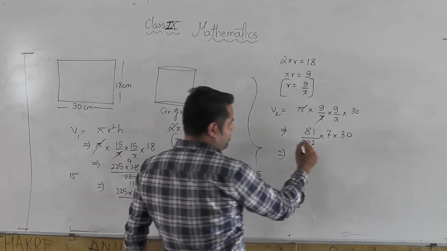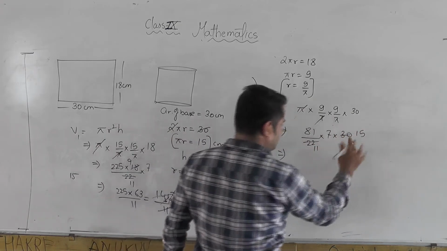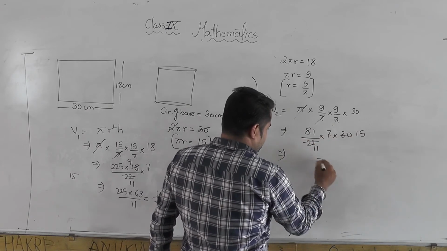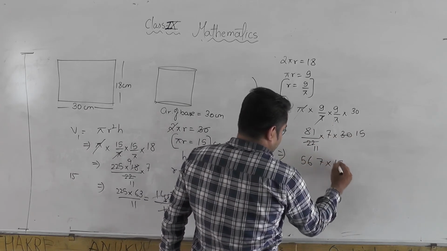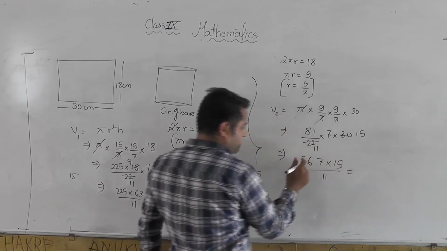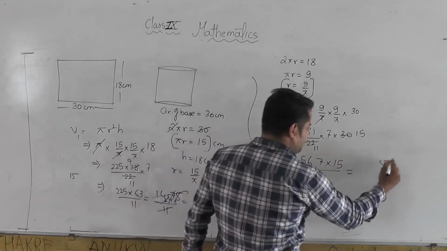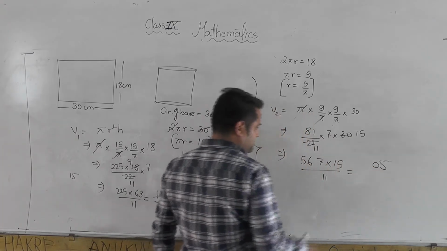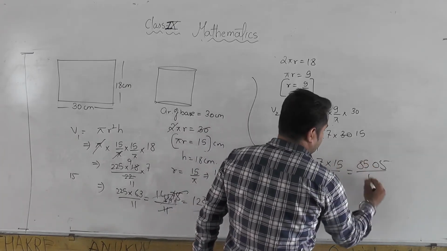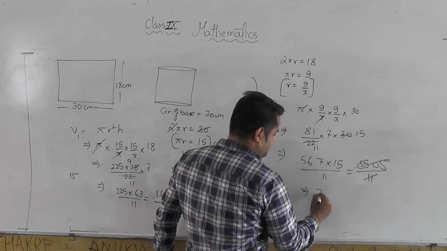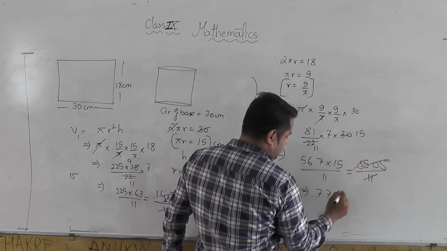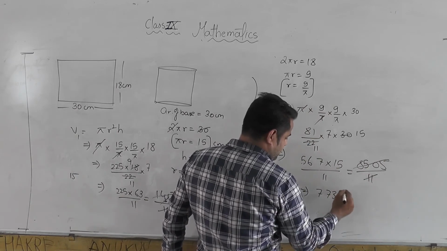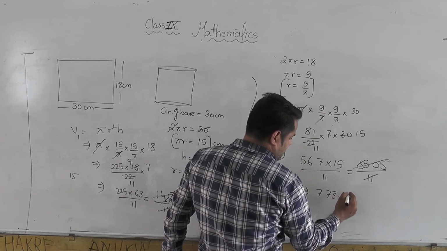Now again we multiply both 11 and 15, we can cancel it already by 2. 7 times 8 is 56 into 15 by 11. Now we can multiply it by 15. 15 times 7 is 105, 15 times 6 is 90 and 10 is 100, 10 carry, 15 times 5 is 75 and 85 divided by 11. 11 times 7 is 77, 8 will get carried, again 77, then 33, 20 carry, 11 times 1 is 11 and 11 times 8 is 88.